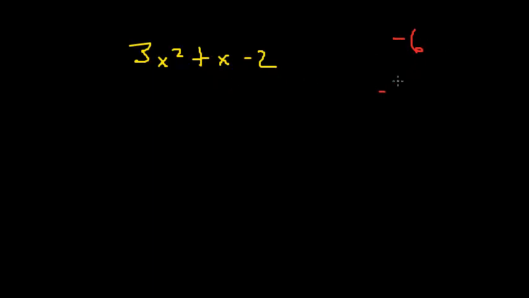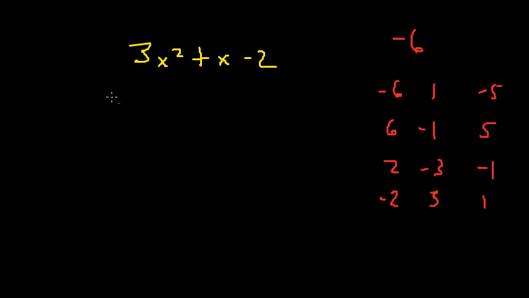Factors of negative 6 are negative 6 and 1, 6 and negative 1, 2 and negative 3, negative 2 and positive 3. I check to see which of these add up to that positive 1. Here I have negative 5, 5, negative 1, and 1. So I'm going to use this last pair here, negative 2 and positive 3, to separate this middle term.